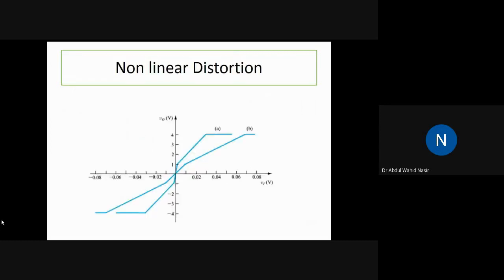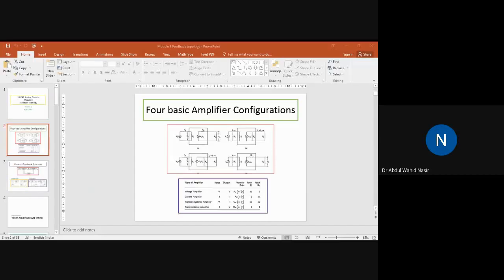This has been shown also. Figure A is the variation in the open loop gain, and figure B shows the closed loop gain. You can see that B has very little distortion compared to A. B represents the gain of the closed loop, the overall negative feedback system, and A is the open loop gain.